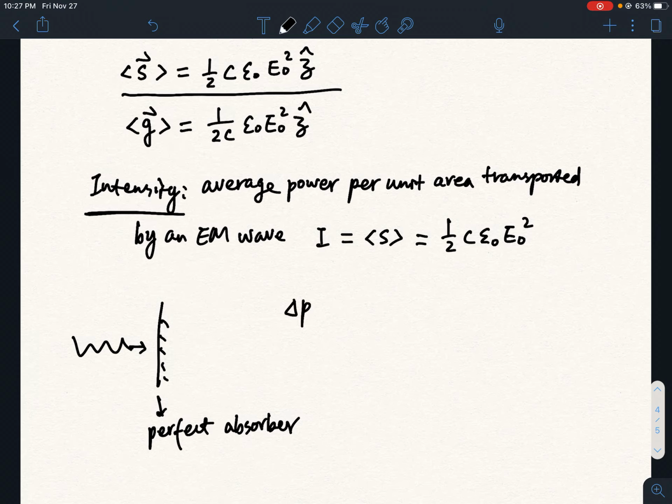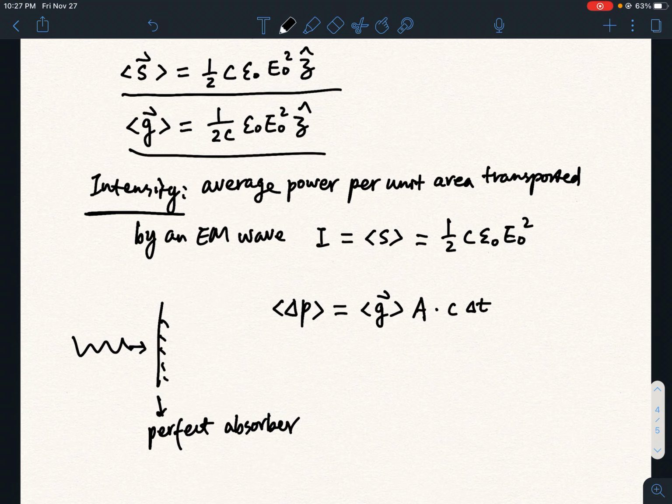Let us look at the average momentum that this light will give to this wall. This is the average momentum density shown here times the area, and let us consider a short time c times delta t.